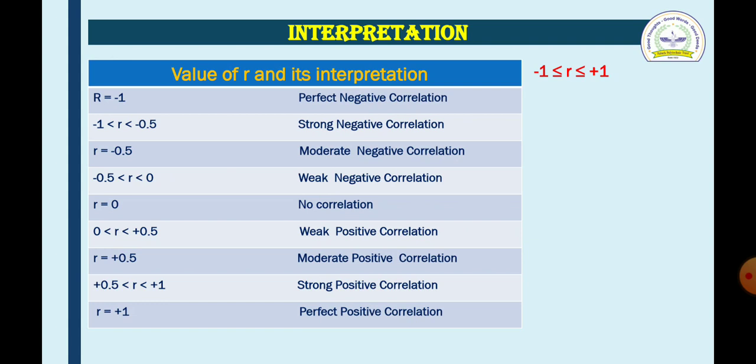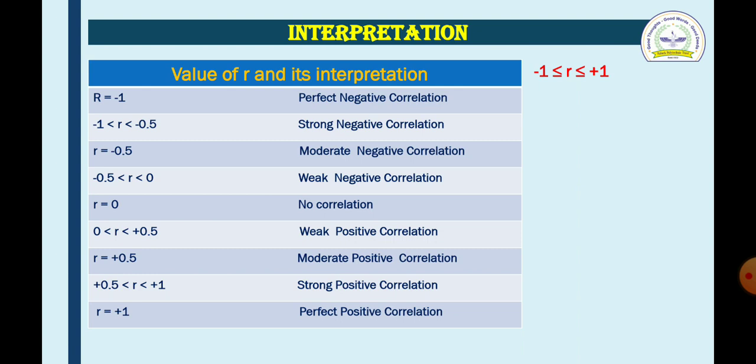If r equals 0.5, then there is moderate positive correlation. If r lies between 0.5 and 1, then there is strong positive correlation, and if r equals exactly 1, then there is perfect positive correlation.